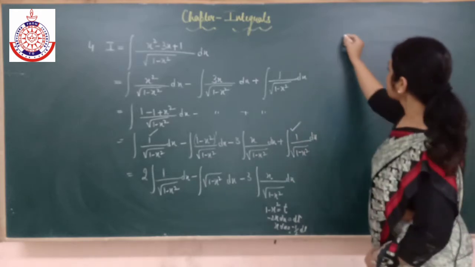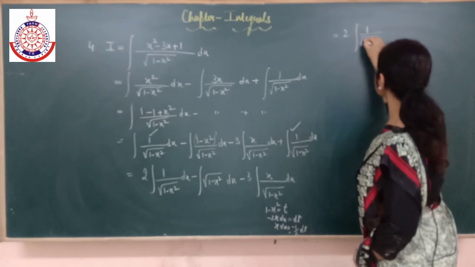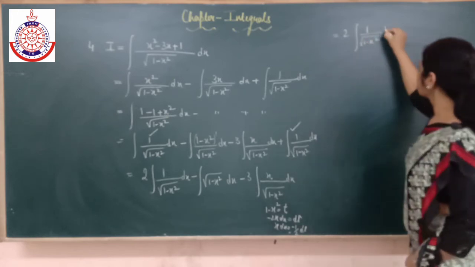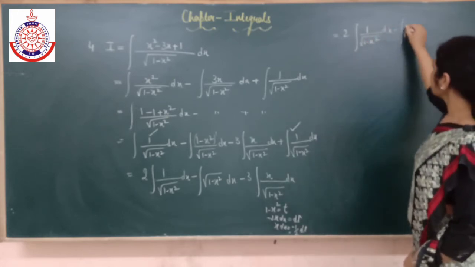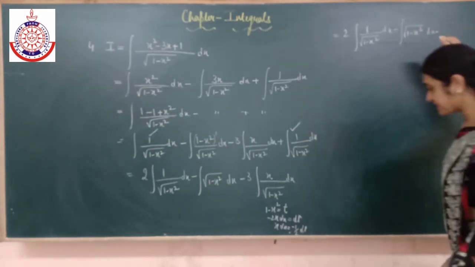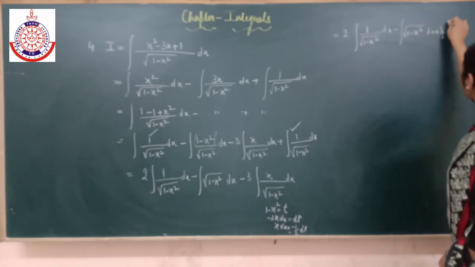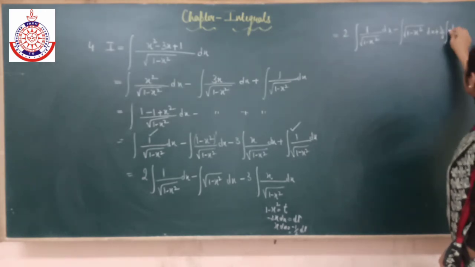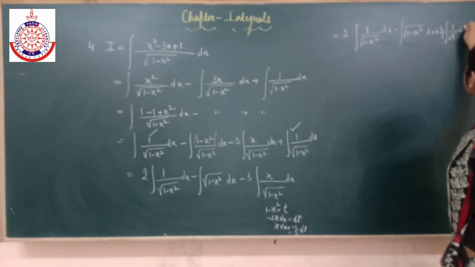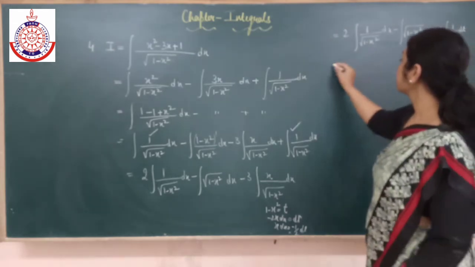So I have got this. If I substitute, minus 1 by 2 I will take out, so it will become 3 by 2, 1 upon root t dt. Start integrating.